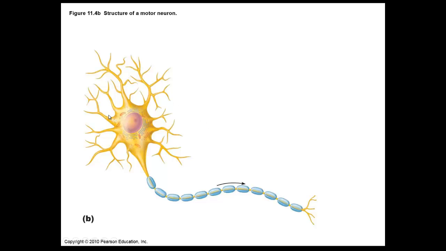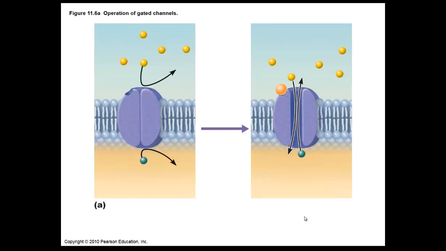So we have chemically gated channels or sensory receptors, specialized channels on the dendrites, and then voltage gated channels along the axon, and also on the axon terminal we have those voltage gated calcium channels. So we talked about different types of channels. This is a chemically gated or ligand gated channel, so here it requires something to bind in order to open up the channel.